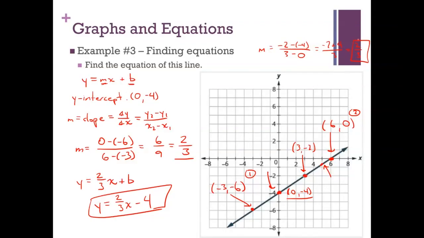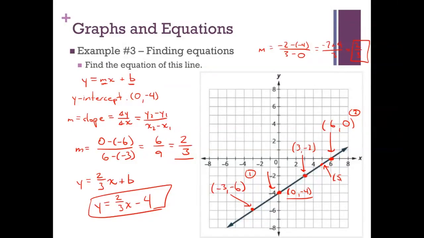So it really does not matter what points you choose. So it's better to choose points that are easy to read. Not necessarily. We could have found the slope first. You can choose whatever 2 points on that line you want. The only reason I'm staying away from points like this, like what are the coordinates of this point here?